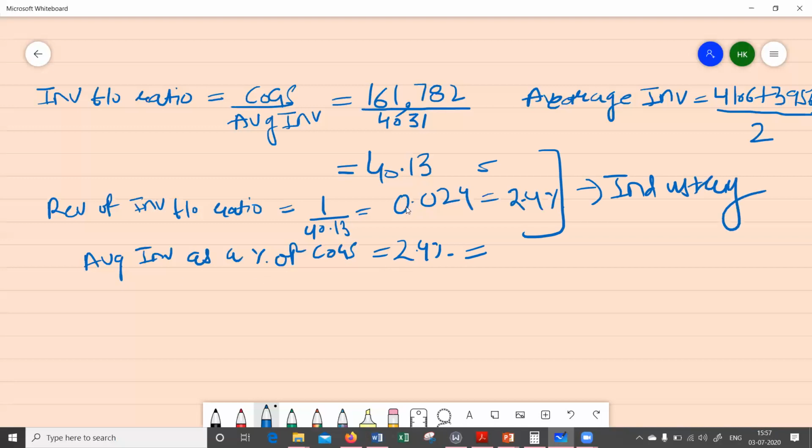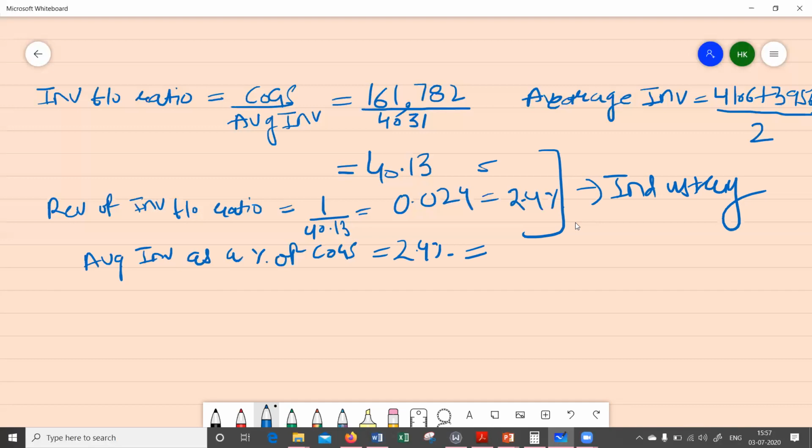Now, if the entire industry is operating at this ratio, we are absolutely okay because it might be the norm of the industry to keep such low inventory compared to your cost of goods sold. But if it is higher or lower than the industry, then it could be a problem.